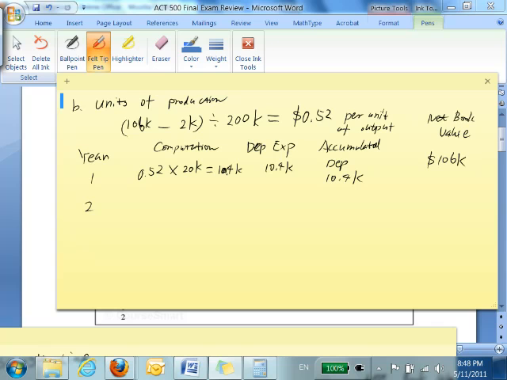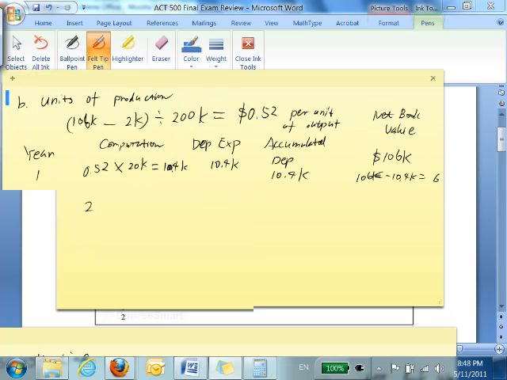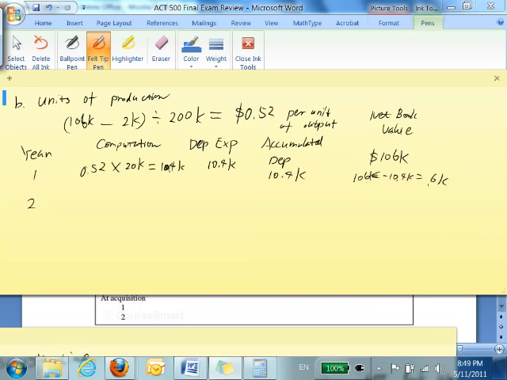And net book value in year 1 is 106K minus 10.4K, which is $95.6K. This is the net book value of the machine at the end of year 1.